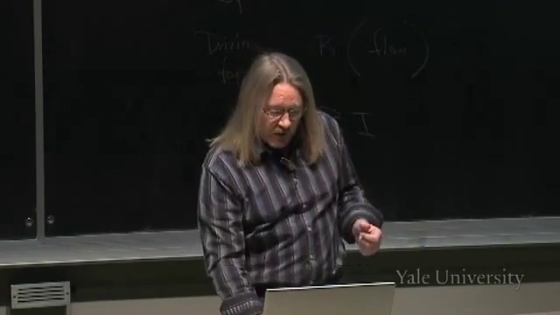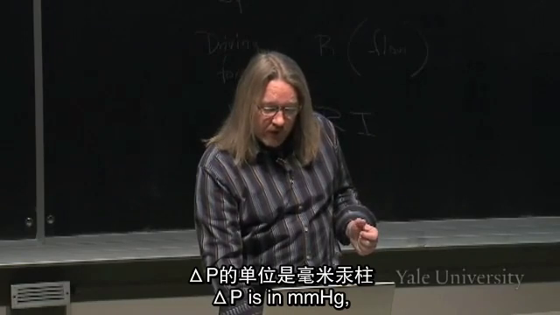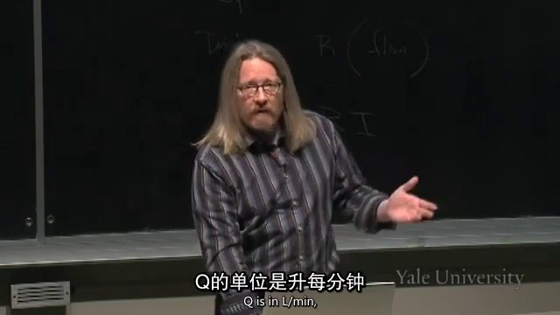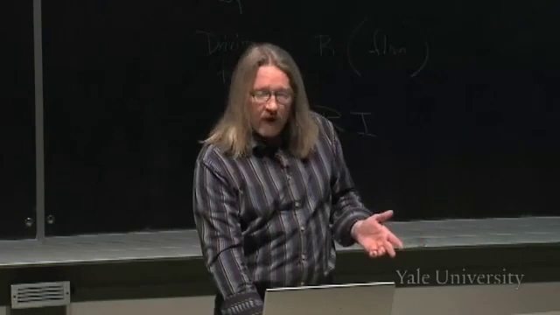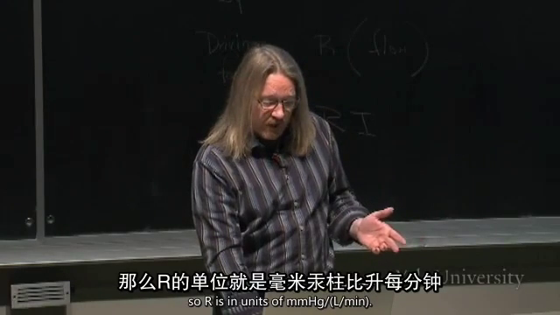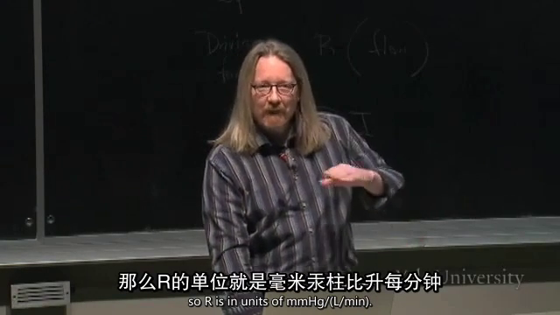So delta P is in millimeters of mercury. Q is in liters per minute. So R is in units of millimeters of mercury per liter per minute.